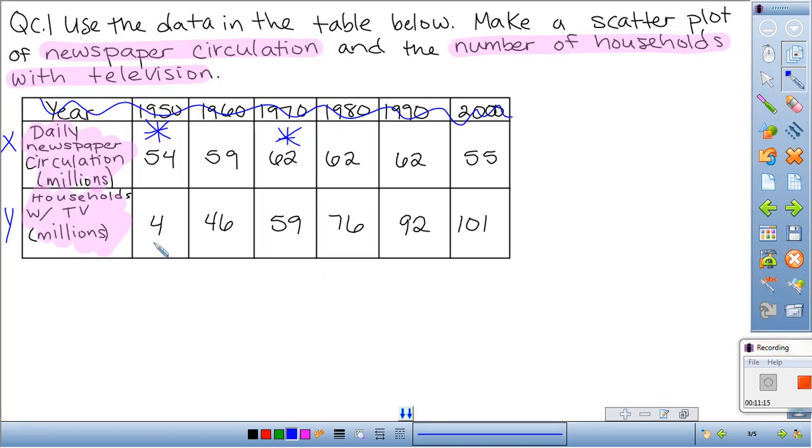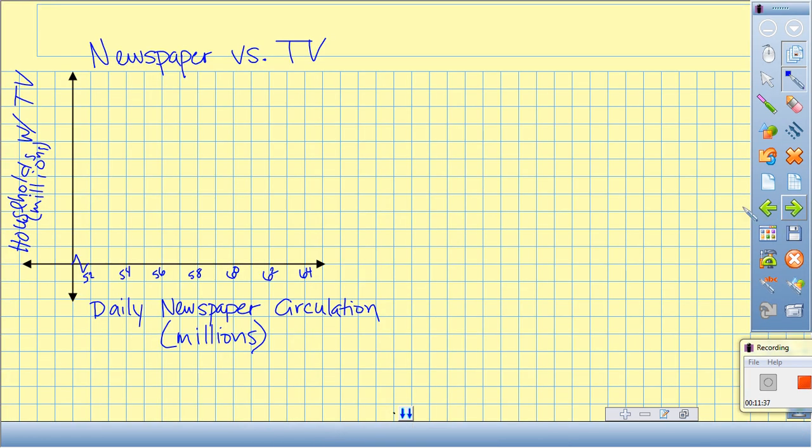Now let's look at our y values. Our very lowest is 4, and our highest is 101. So as we look at these, we don't want to do any skipping because our lowest number is 4. But we also definitely don't want to count by 1s because 101 is our largest number and we'd be here all day. 5s even is really not enough to be counting by. So let's just go ahead and count by 10 so we can get all these numbers in there.